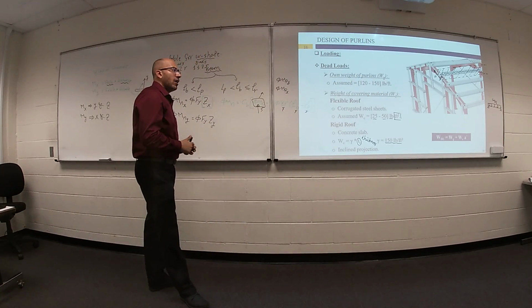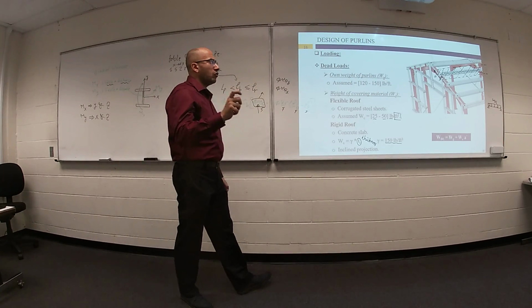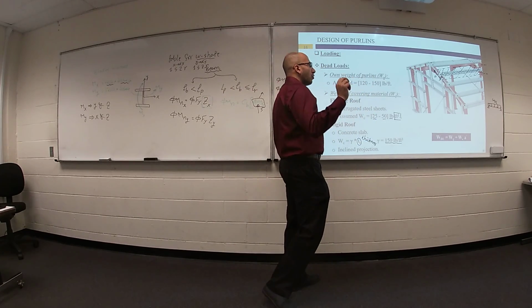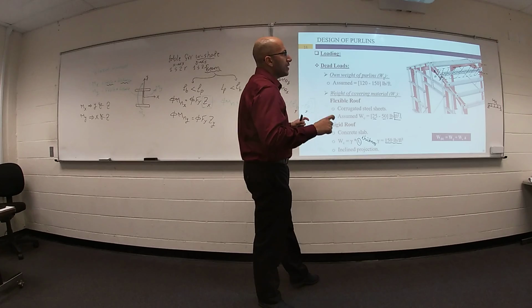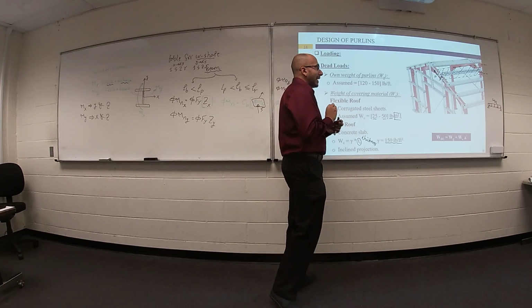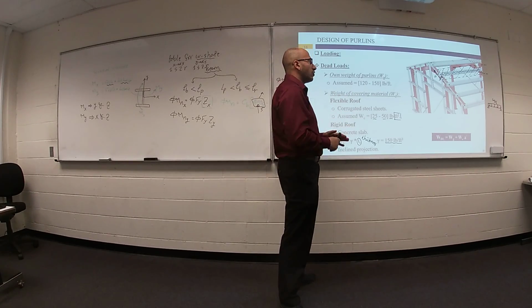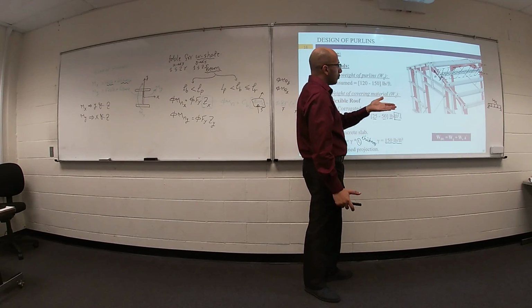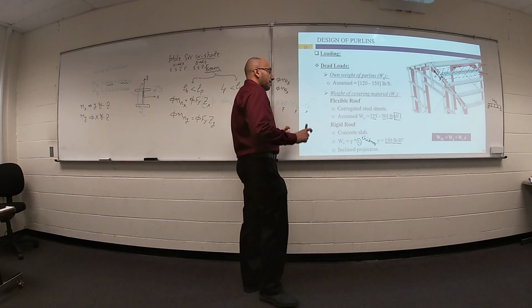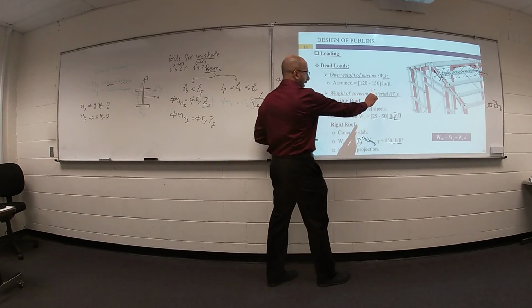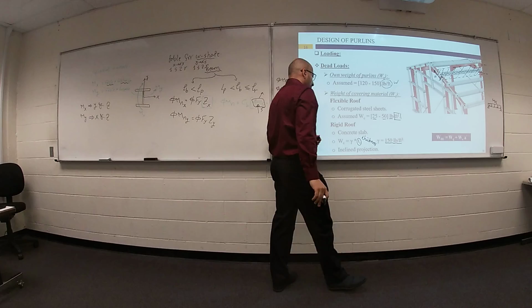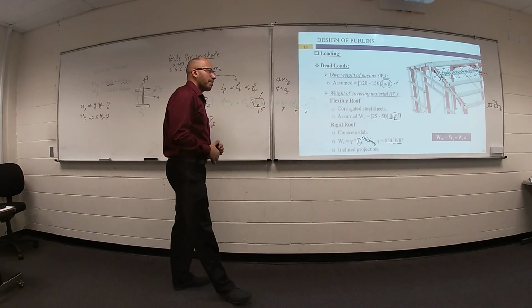So first step, we would like to calculate the dead load on your purlin. We have two kinds of dead load. First, own weight. I don't know what the exact cross section is, so I will assume my own weight, something in between 100, 120 until 150 pounds per unit length, which is the unit for W. The second one, your covering.